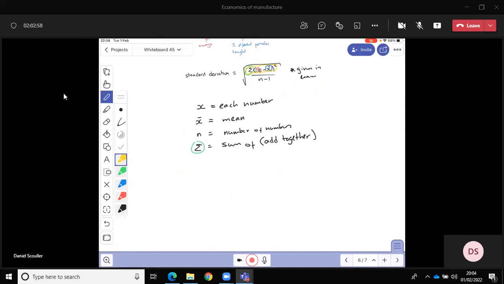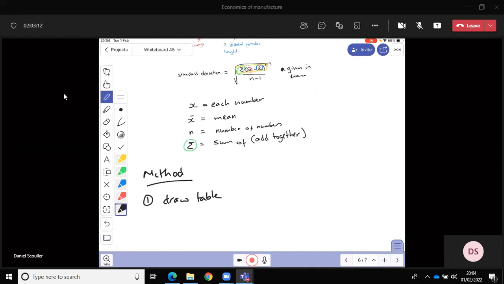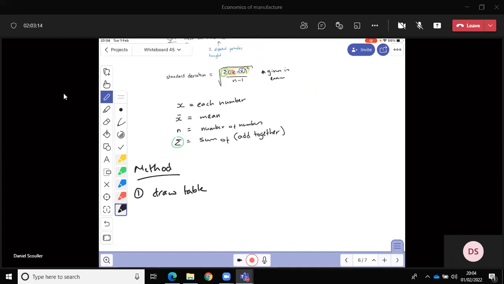Okay, so first off you want to draw a table. In the table you want to have the headings of different columns. You want 4 different columns.